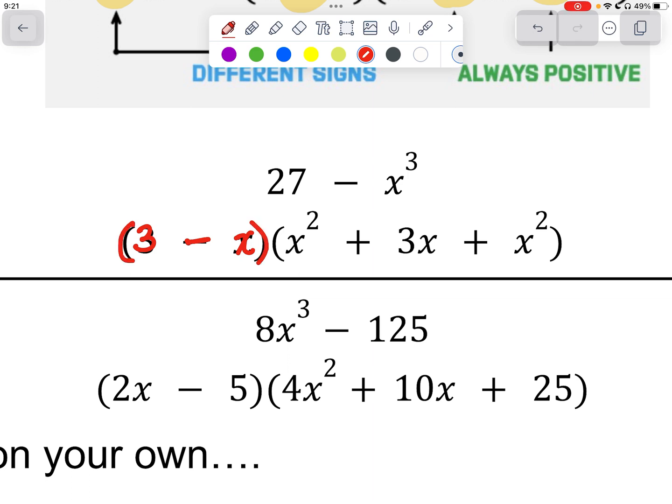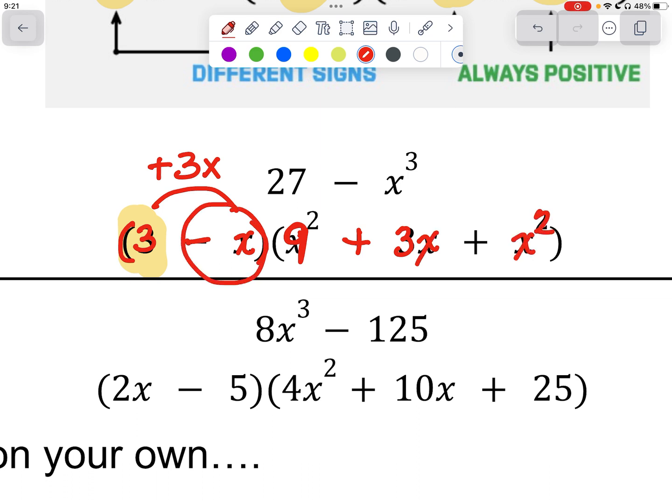Then the second factor comes from the first. We take our 3 and square it. It should be 9. It's a typo, which I'll fix before I print it. Then we take these two, multiply them together, and take the opposite sign, plus 3x. Then we take the minus x and square it to get plus x squared.